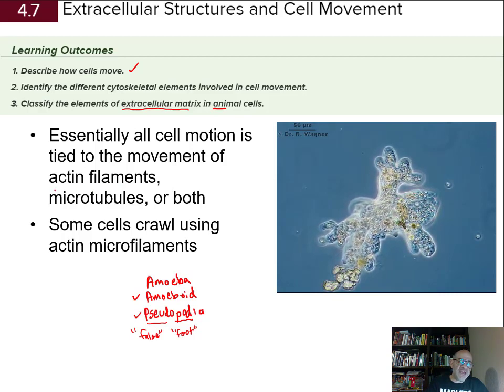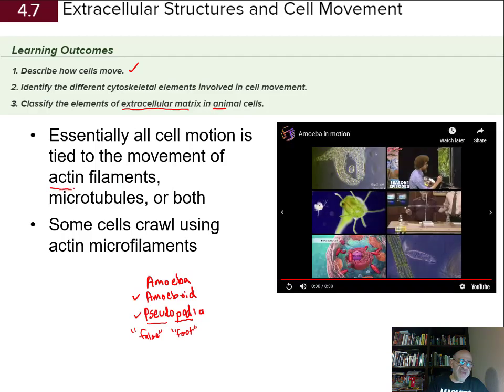That movement can be tied to those actin filaments that make up microfilaments. And the protein that makes up microtubule is called tubulin. So that kind of movement that we saw there, depends on the cell, and the kind of movement can be tied to one or both of those types of cytoskeletal elements.